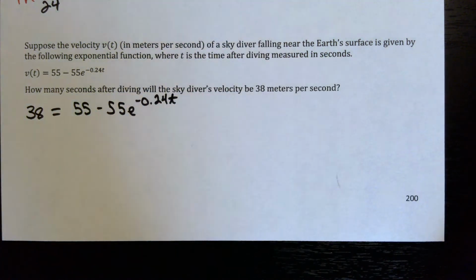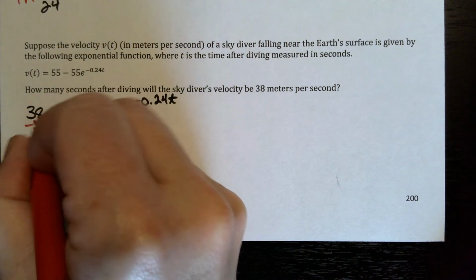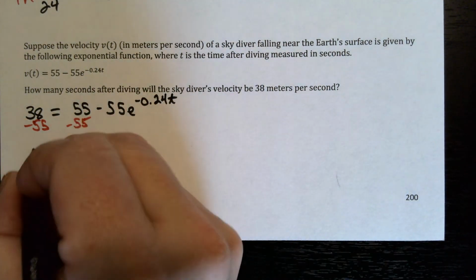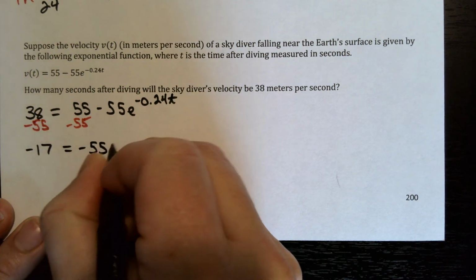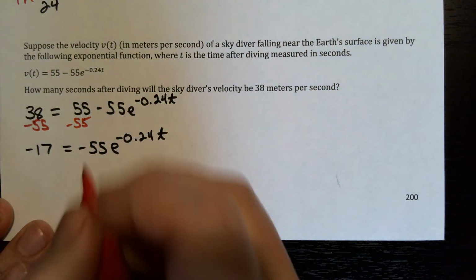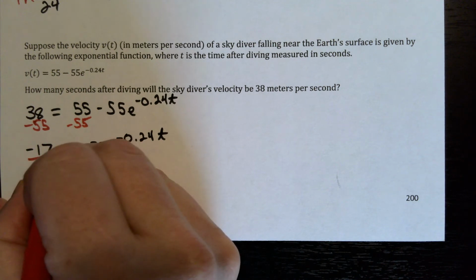Okay, so we subtract 55 first. 38 minus 55, let's see, that would be negative 17. Negative 17 equals negative 55e to the negative 0.24t. Divide by the negative 55. Remember, they're both negatives, so that will make a positive.